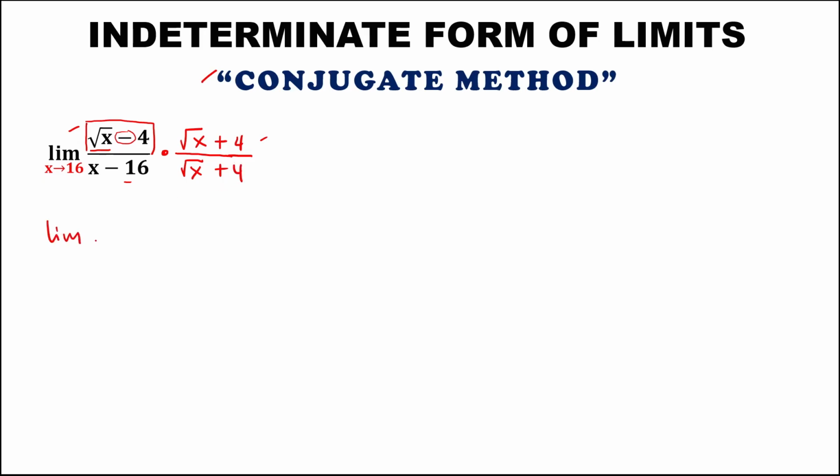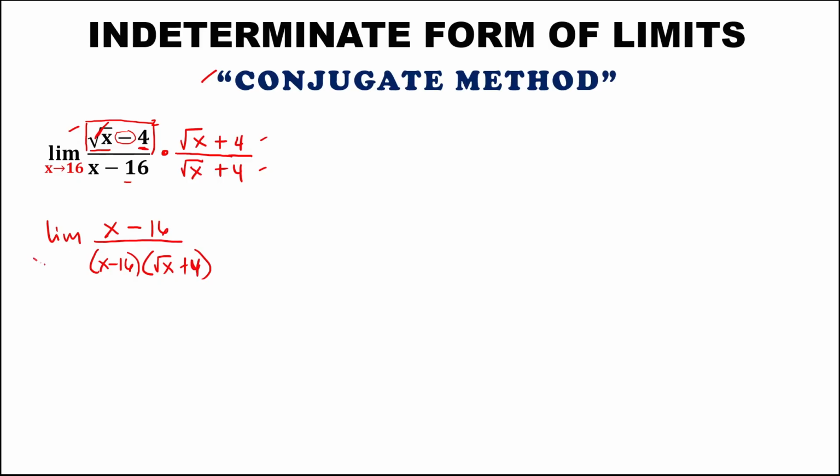Then to simplify, since we multiply the numerator by its conjugate, just cancel this radical. So this becomes x, then this one is always minus, then take the square of the second term. The square of 4 is 16. Then for the denominator, just copy: x minus 16, times square root of x plus 4.